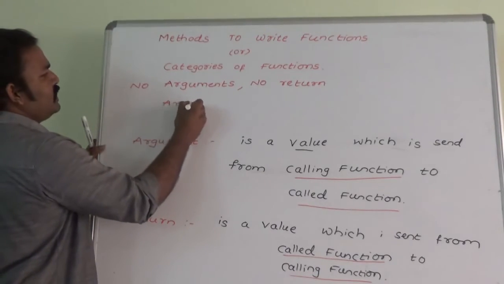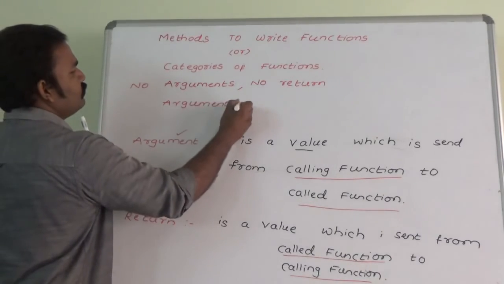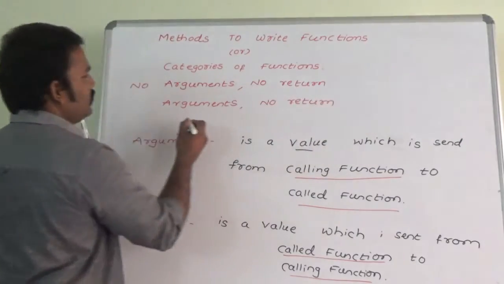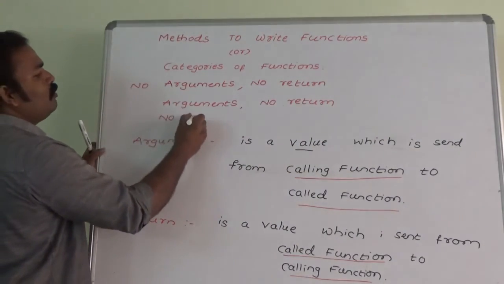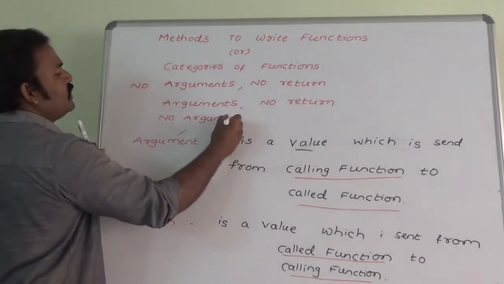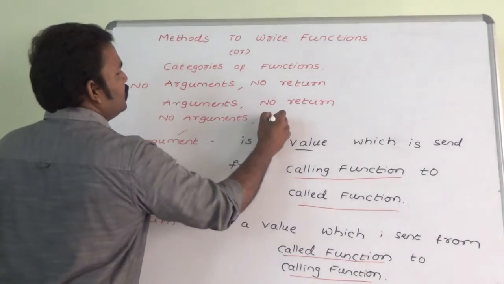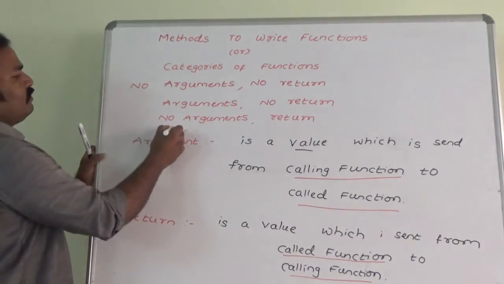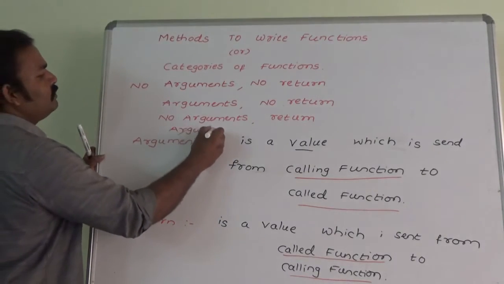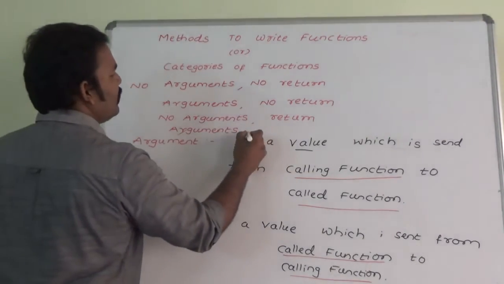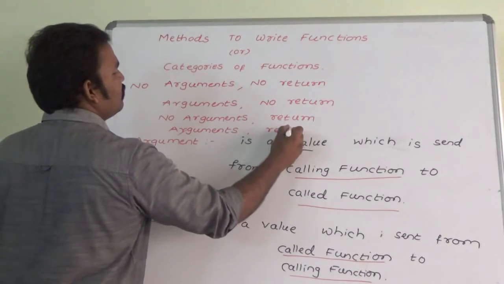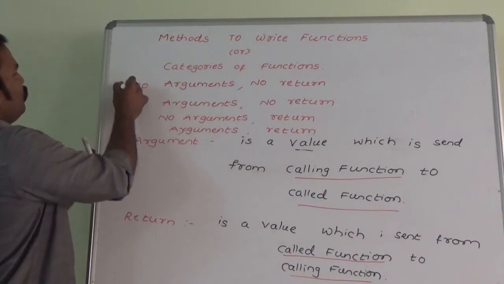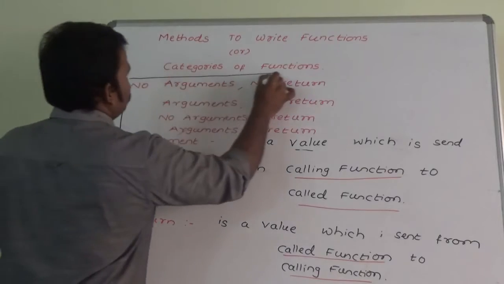Next, function with arguments, no return value. Next, function with no arguments, but returns a value. Next, function with arguments and return value. Okay, so these are the four categories of functions.